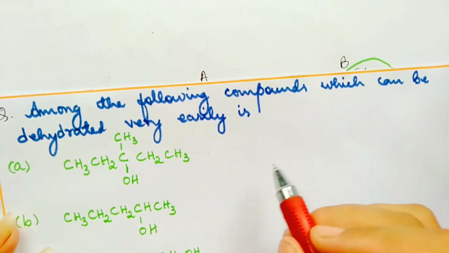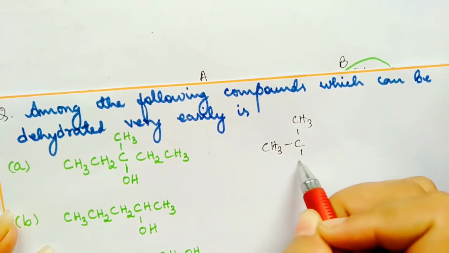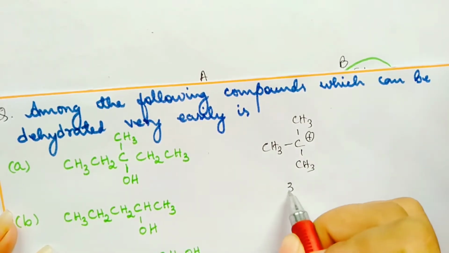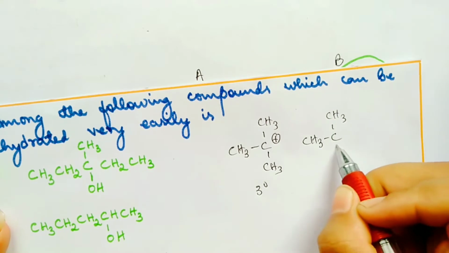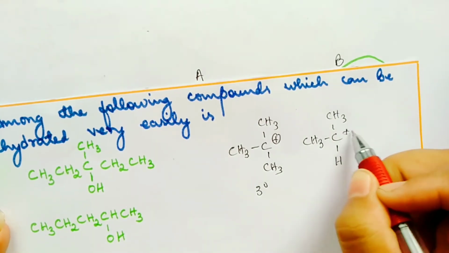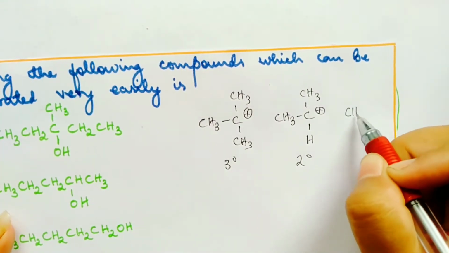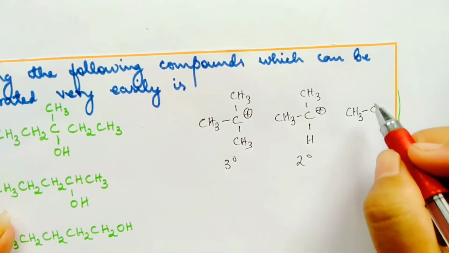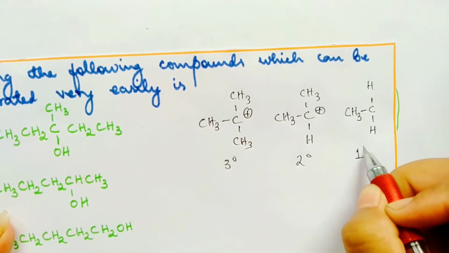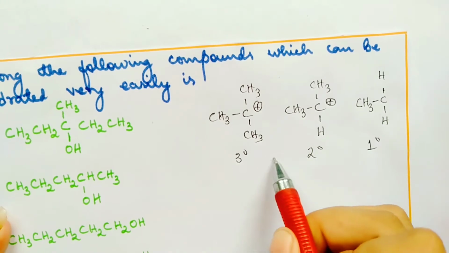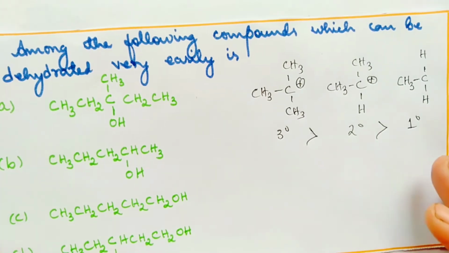We know that this is your tertiary carbocation, and here this is your secondary carbocation, and here this is your primary carbocation. Tertiary carbocation is more stable than secondary than primary.